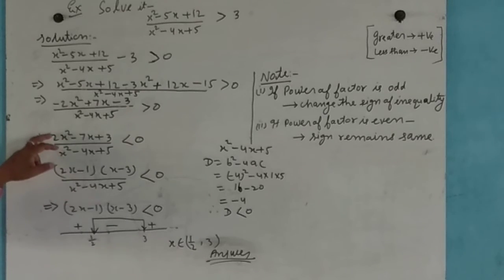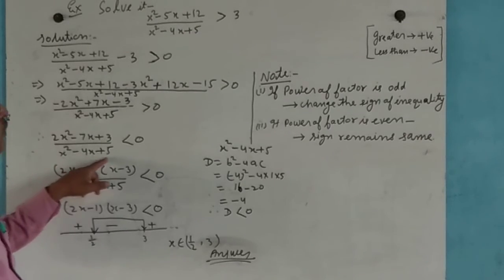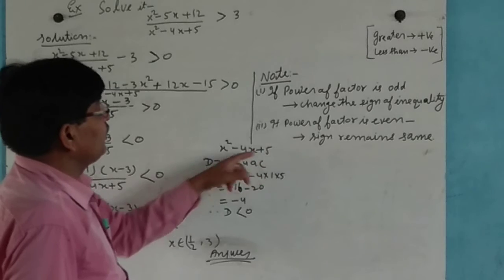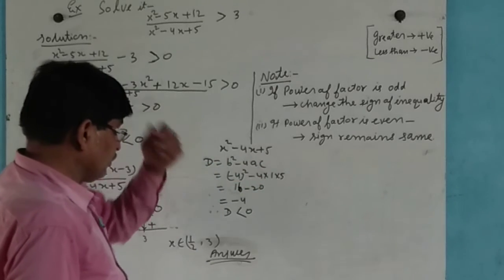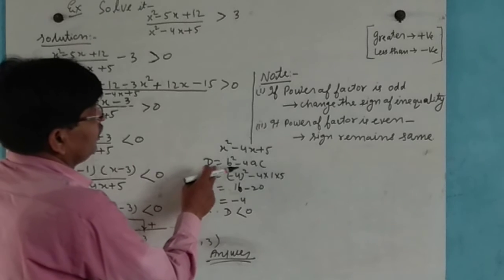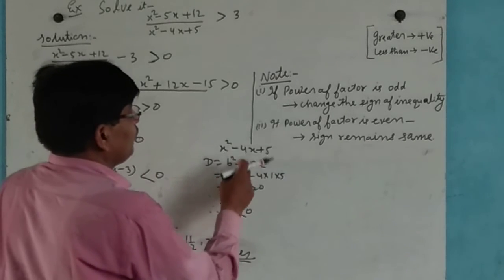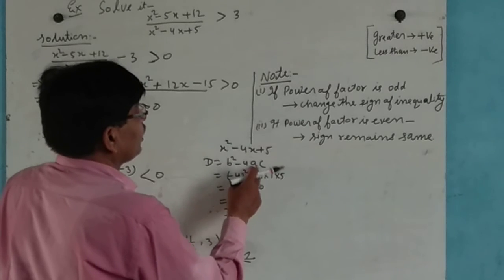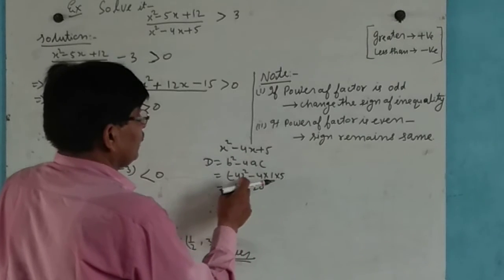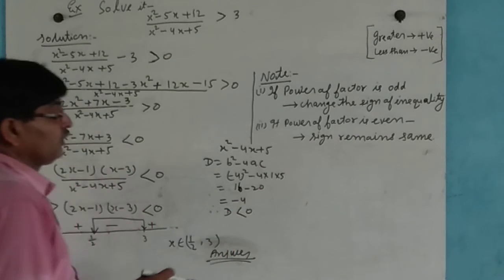Now here the denominator x square minus 4x plus 5, we calculate the discriminant. D is equal to b square minus 4ac. Here b equals minus 4, so b square is 16 minus 20 is minus 4, so D is less than 0.